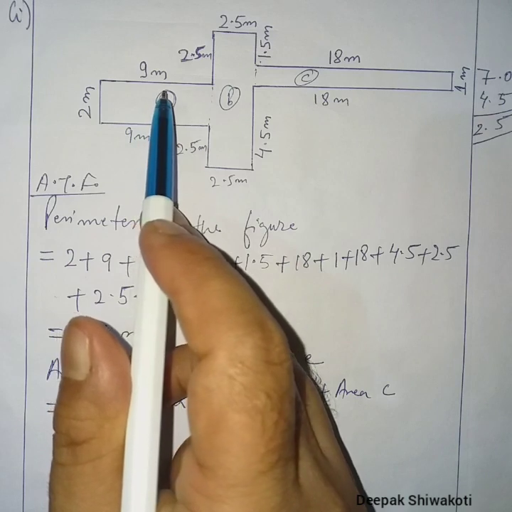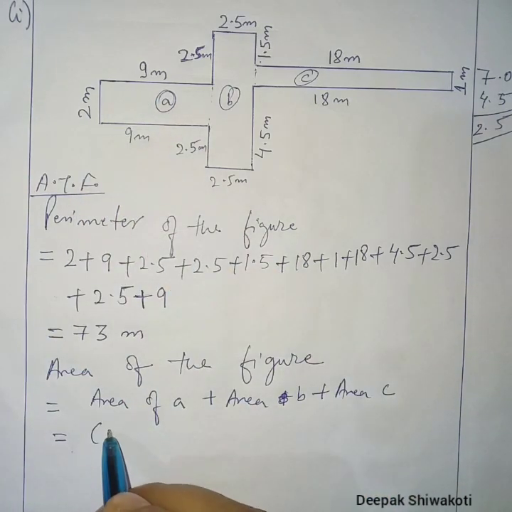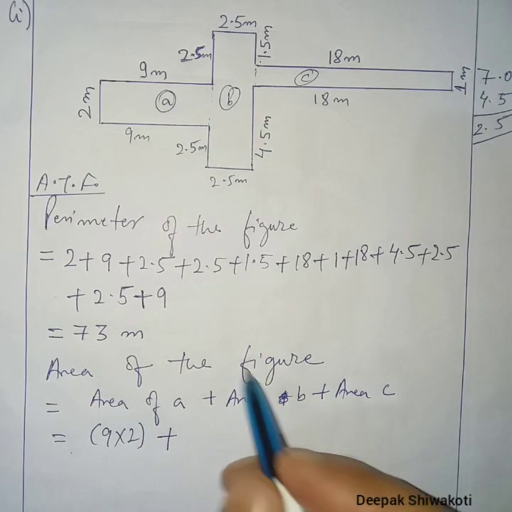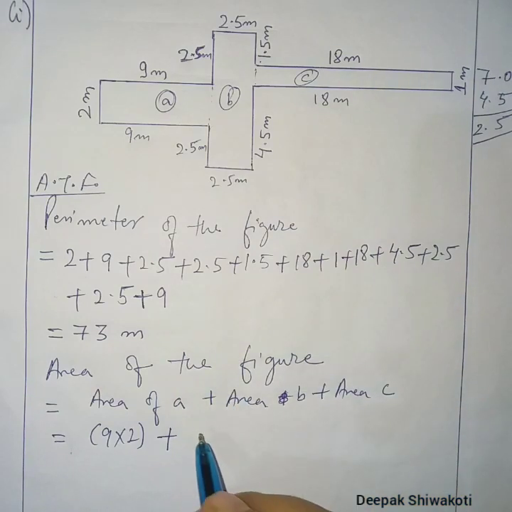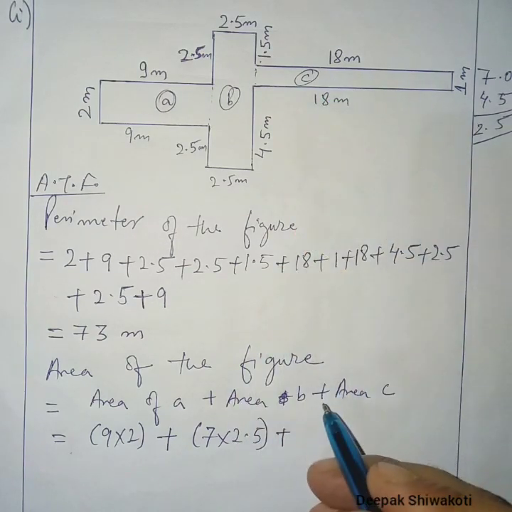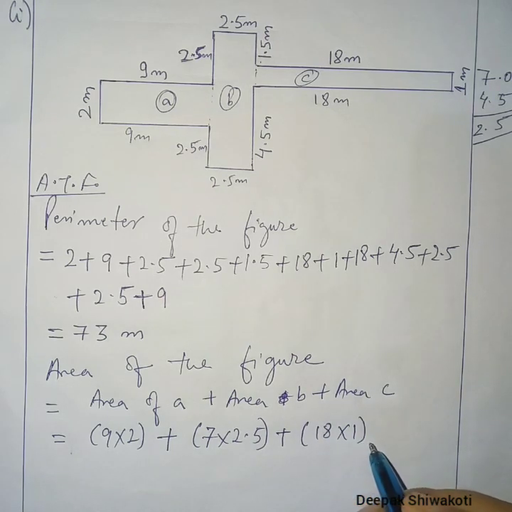Area of A will be given by 9 into 2, plus area of B, given by length into breadth, plus the area of C, given by length into breadth.